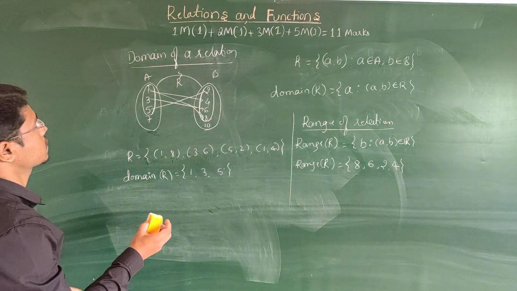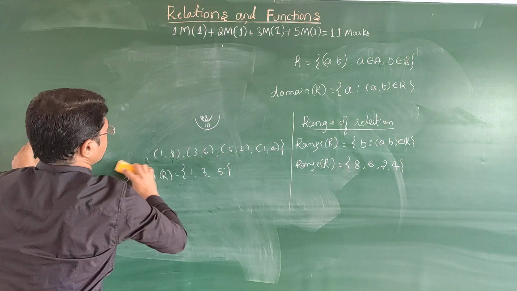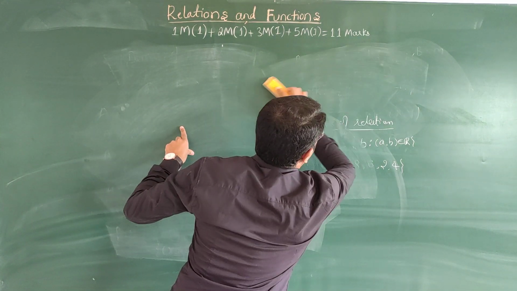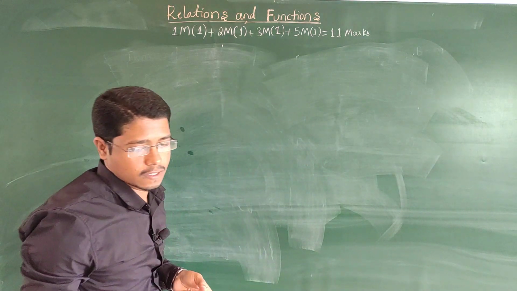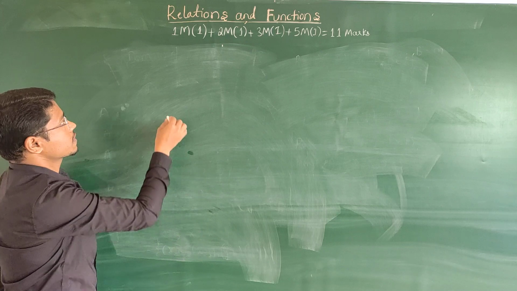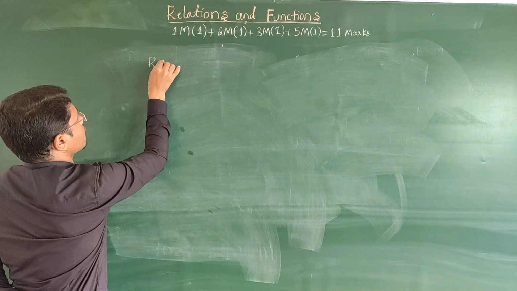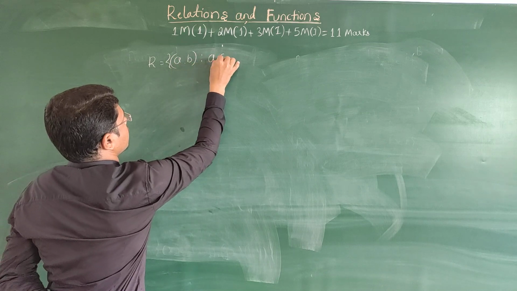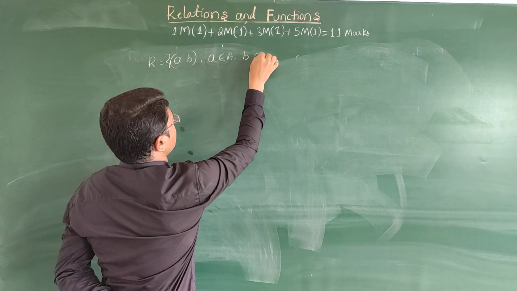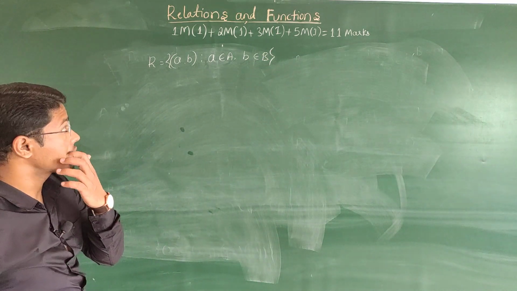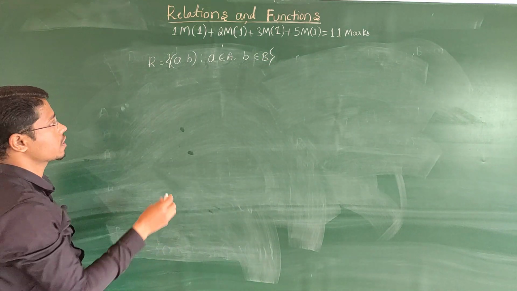Next, already we know the relation on sets: R is equal to {(a, b) such that a belongs to A, b belongs to B}. This is a relation of the set. Let us see the inverse of a relation.